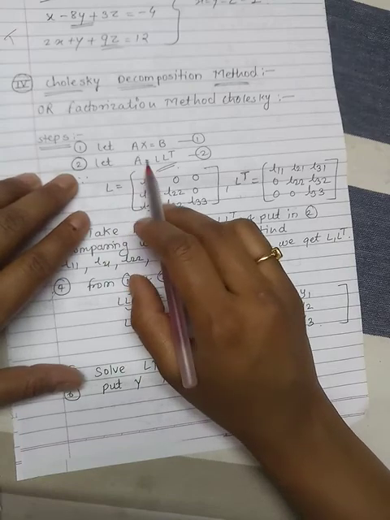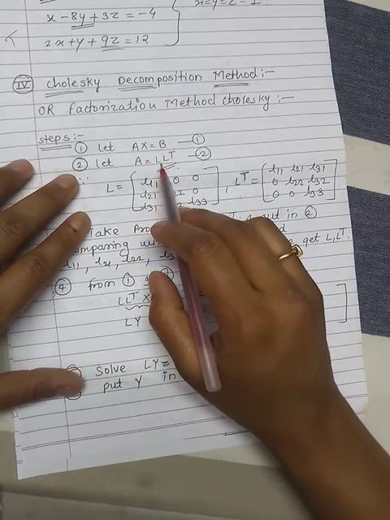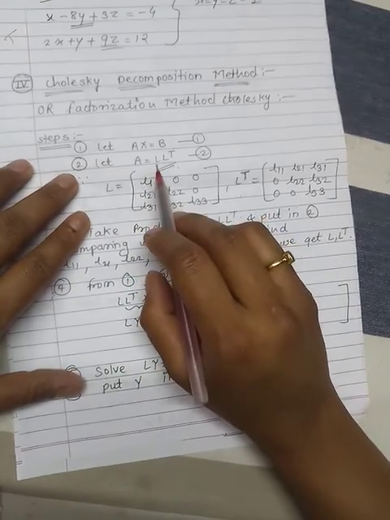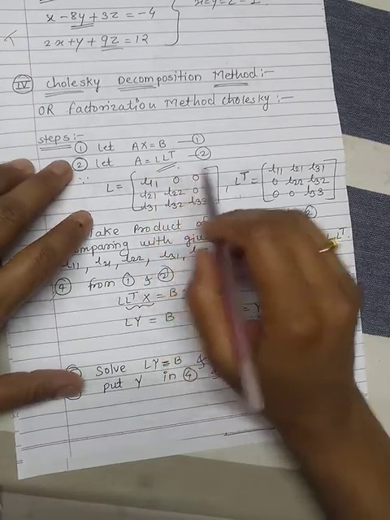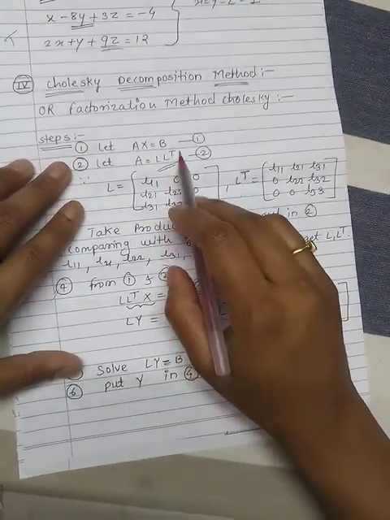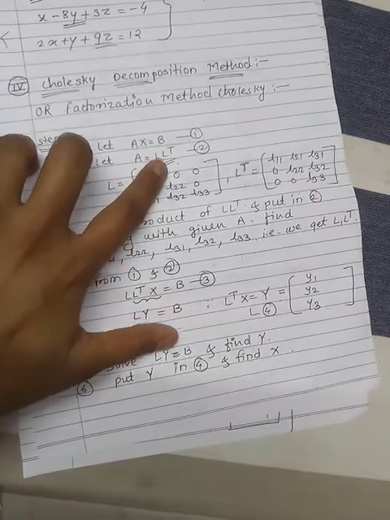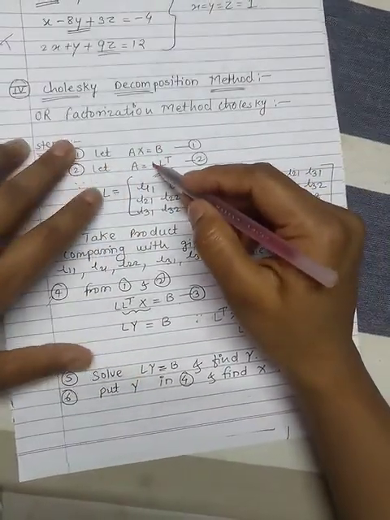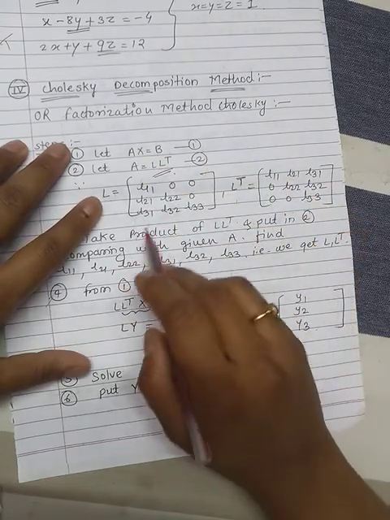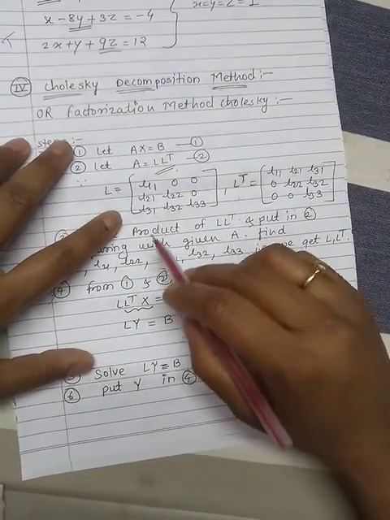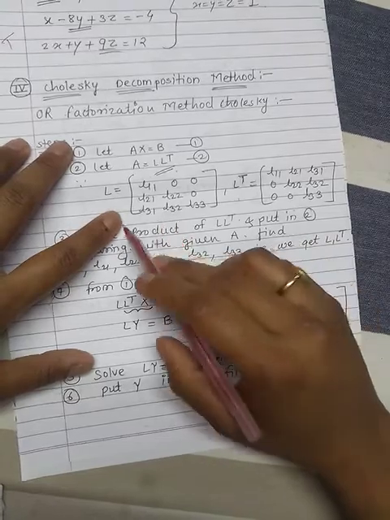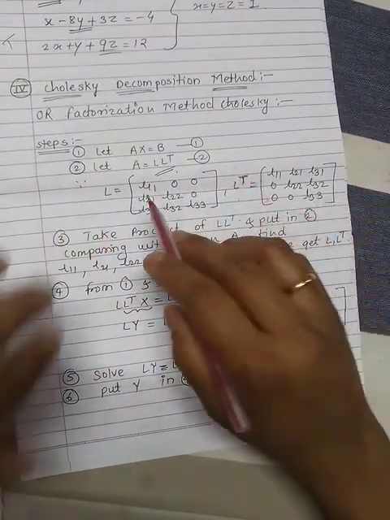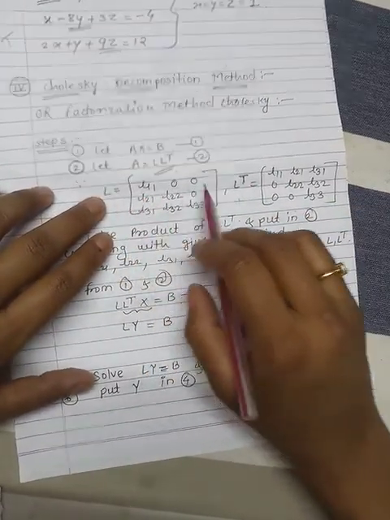Then let us consider A equal to L times L transpose. LT is the notation for L transpose. Whatever the matrix L is, we have to convert the L matrix to L transpose.